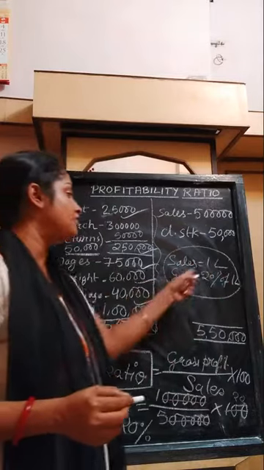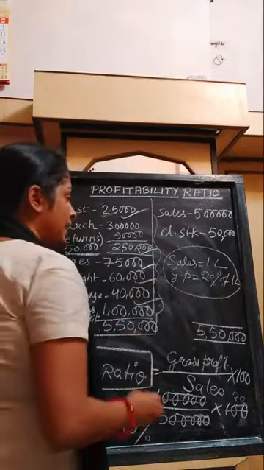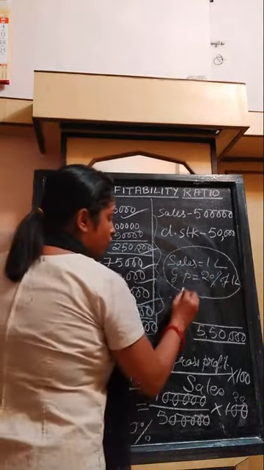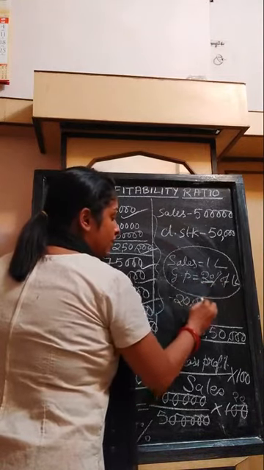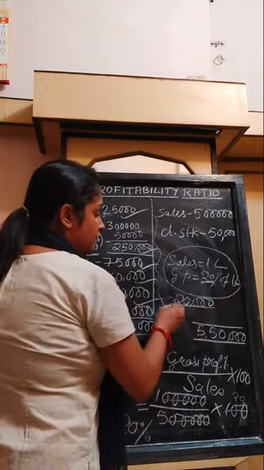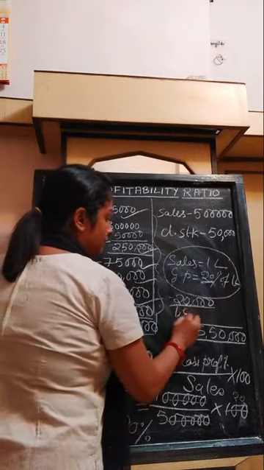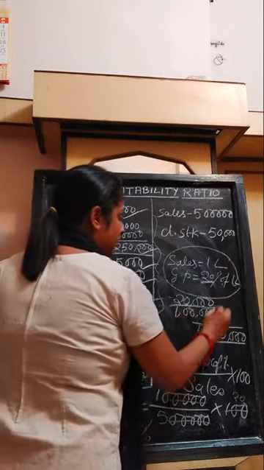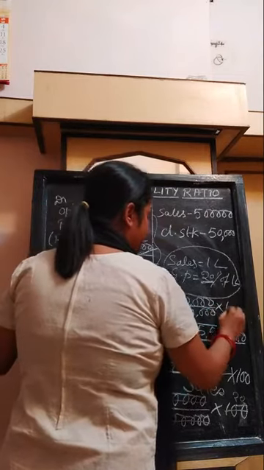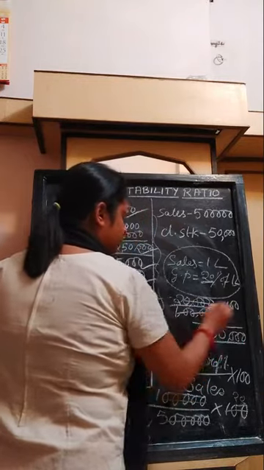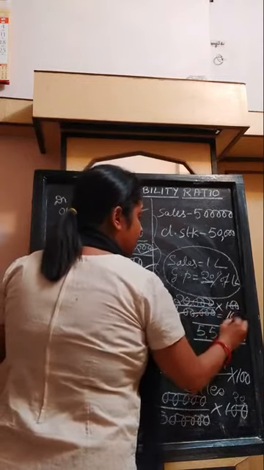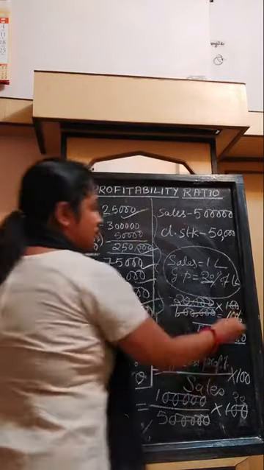Sales 1 lakh and GP 20% of 1 lakh. In that case, GP will be 20,000 because 20% of 1 lakh is 20,000. So in that case, 20,000 divided by 1 lakh into 100. That is 20%. 20% is the GP ratio.